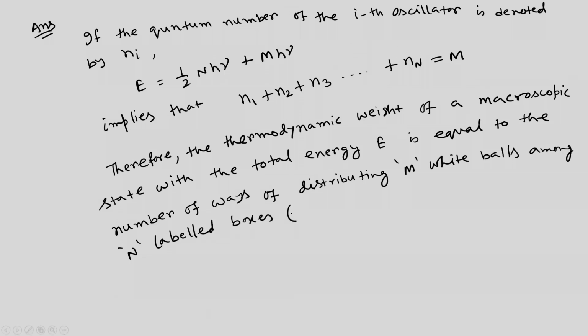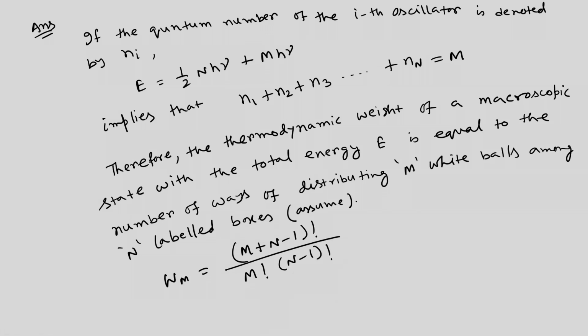So, we are assuming like that. Okay. So, Wm weight is (m plus n minus 1) factorial by m factorial times (n minus 1) factorial. This is the weight of the distribution.